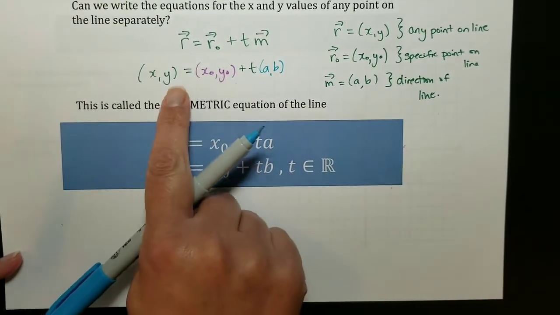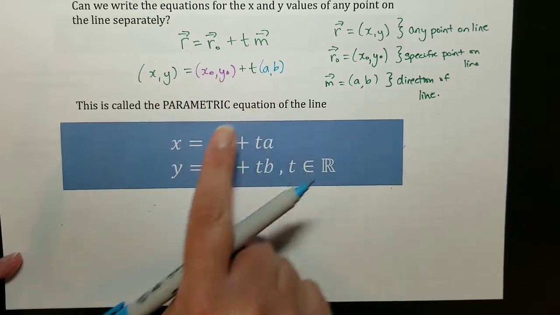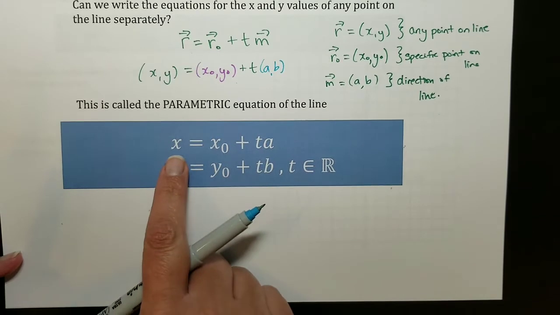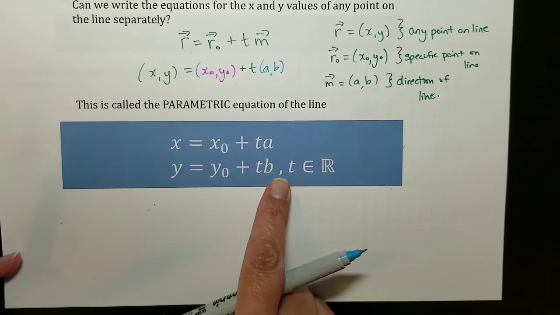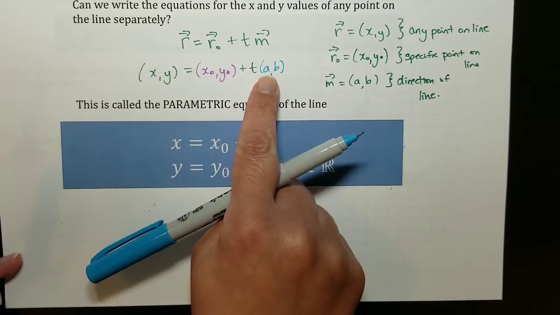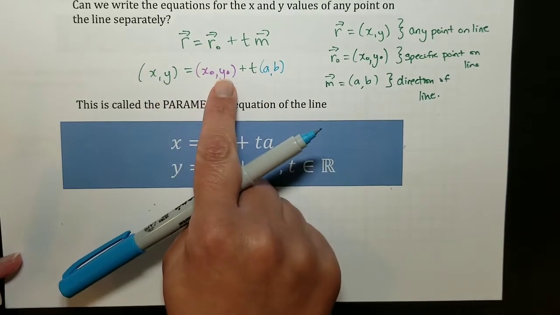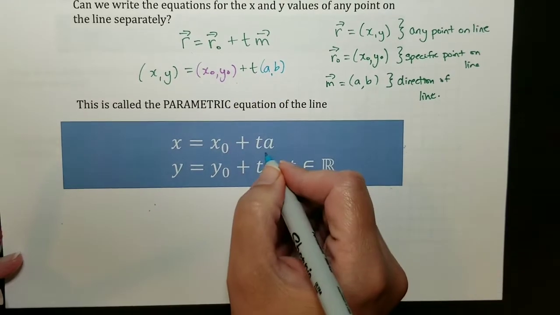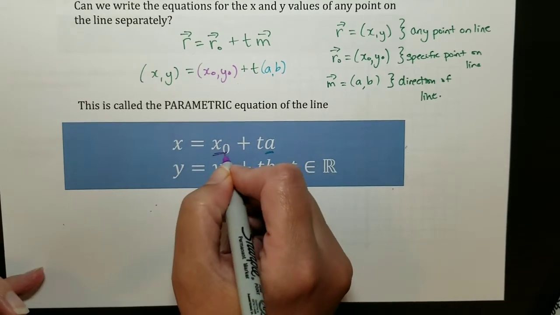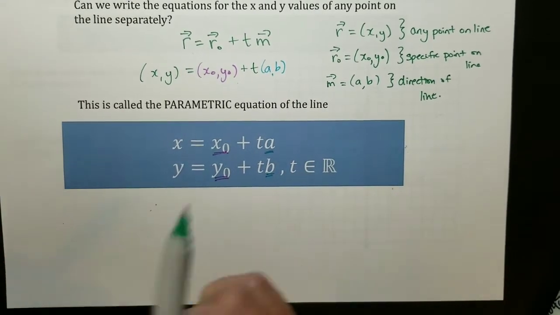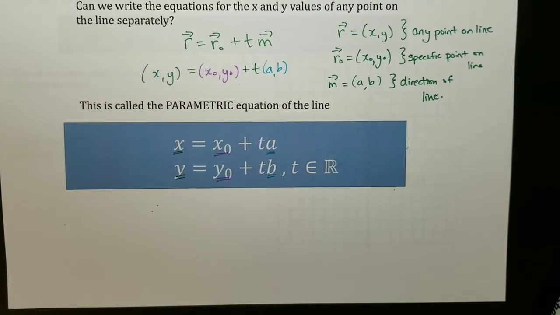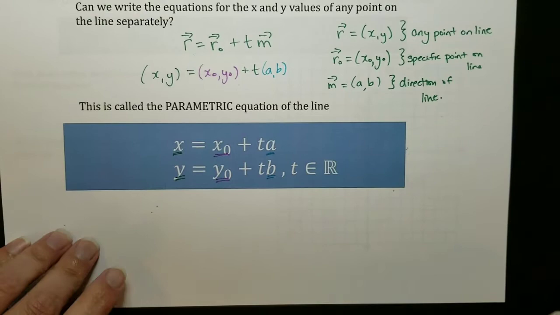So instead of writing it like this with whole vectors, we can also write what's called the parametric equation, just pulling apart the x components and the y components of each vector. So x would equal x naught plus t times a, and y would equal y naught plus t times b. So this will hopefully help you see that we can write it in two different ways, and it will be easier to see that with a numeric example.